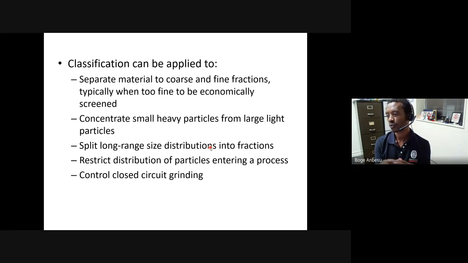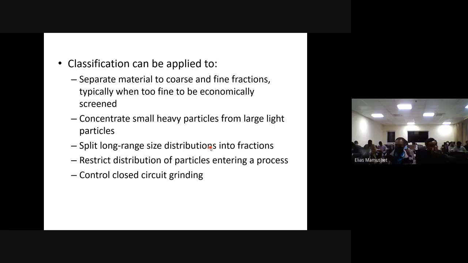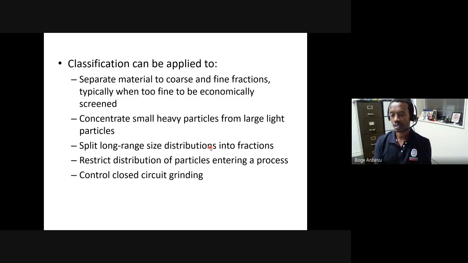So it can be used to control grinding, but maybe we just want to split particles into fine and coarse simply. Coarse is sent to one processing regime, maybe fines are sent into another one. So what you can do is put a cyclone next to a mill and split them into two, without the need for regrinding. You can just split and send them in different directions. And for that, you can use classifiers.